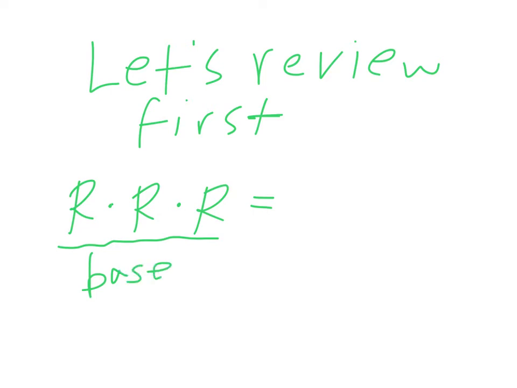So the base in this problem is r. The number of times it gets multiplied, let's count, 1, 2, 3, becomes the exponent. So r times r times r is equal to r to the third power.